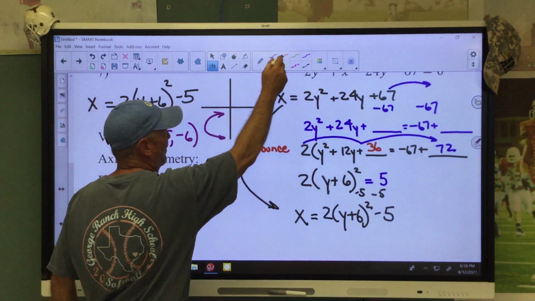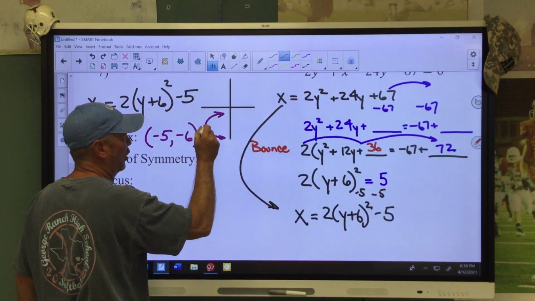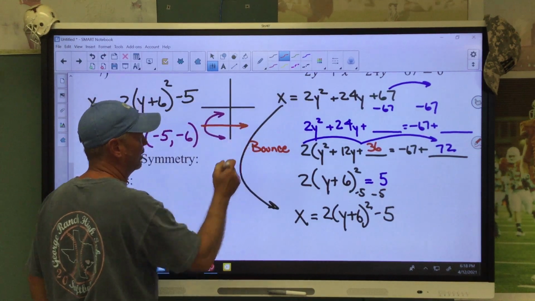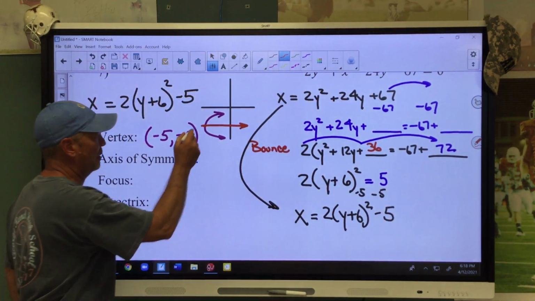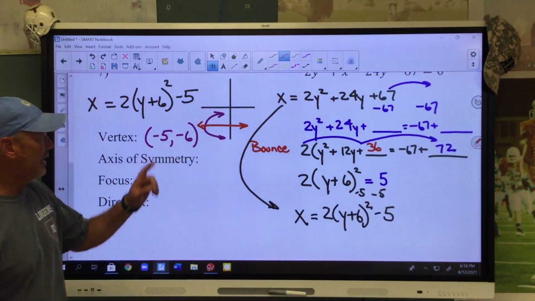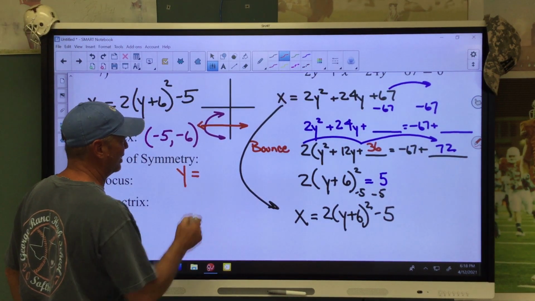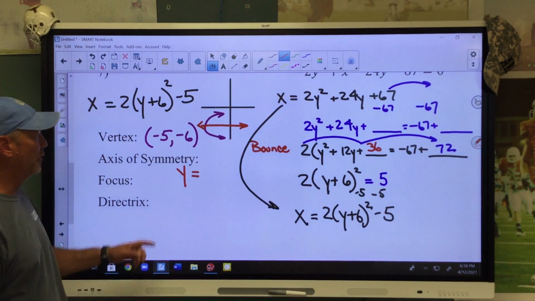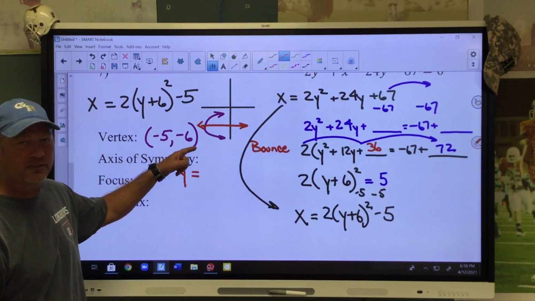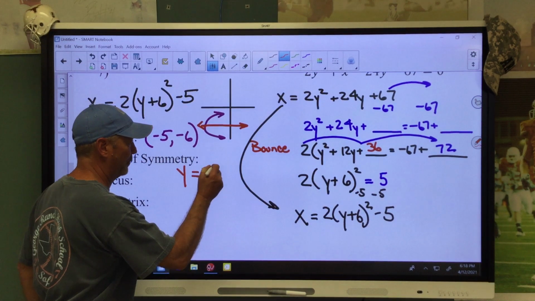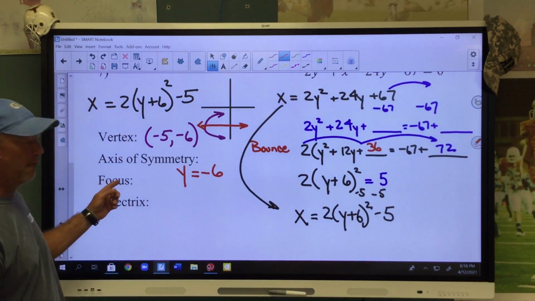We're going to have an axis of symmetry that is going to go through the vertex. It's going to be y equals, in this case, what number is it going to go through? It's going to go through -6. That's my y value.